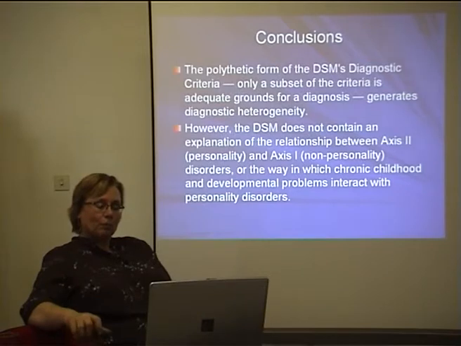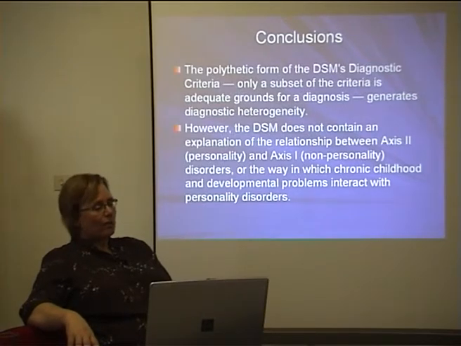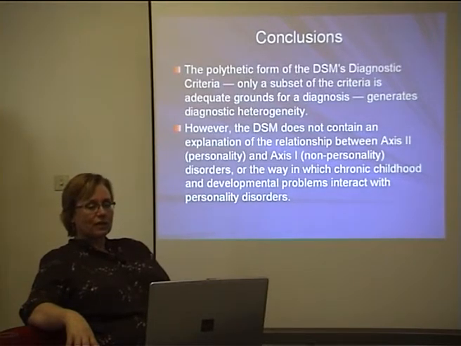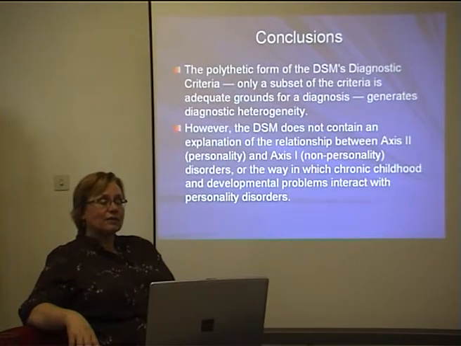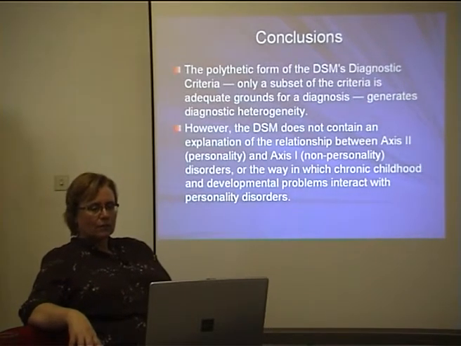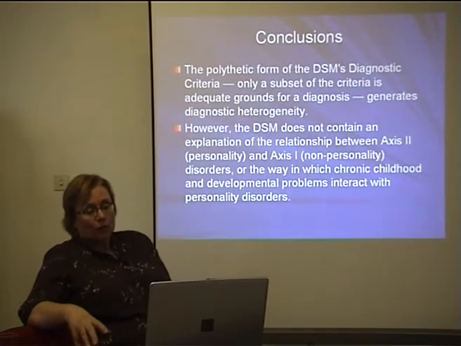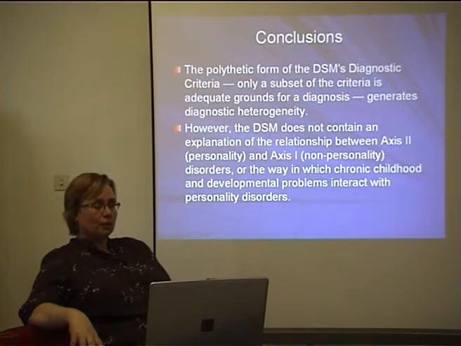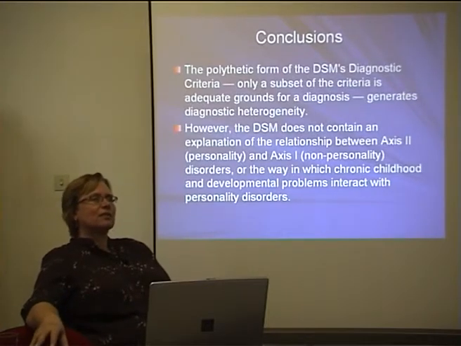Another problem with this approach is, although it's helpful, it does not contain an explanation of the relationship between Axis 2 personality disorders and Axis 1, which are the clinical syndromes and non-personality disorders. We also don't know the way in which chronic childhood and developmental problems interact with personality disorders.